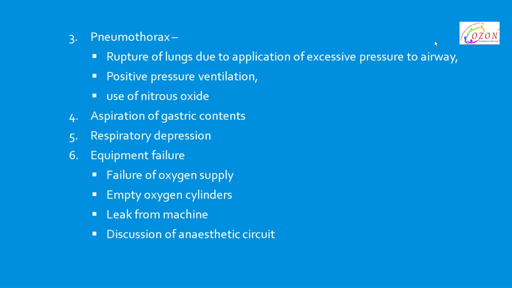Positive pressure ventilation might turn a simple pneumothorax into a tension pneumothorax, or even the use of nitrous oxide might be responsible for the pneumothorax. Or there might be the possibility of aspiration of gastric contents, especially in an emergency operation where the stomach is full, resulting in aspiration of the gastric contents into the respiratory tract.